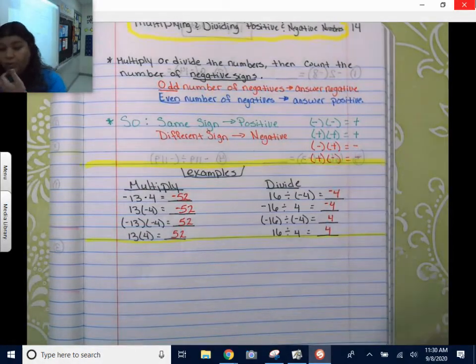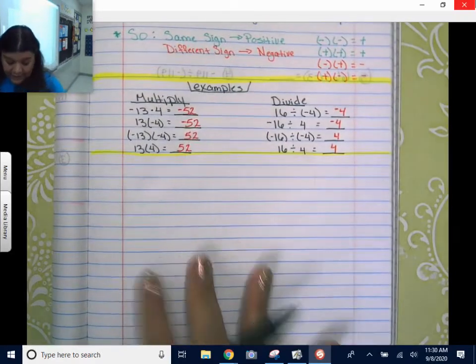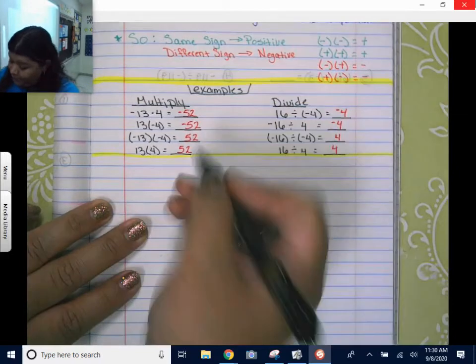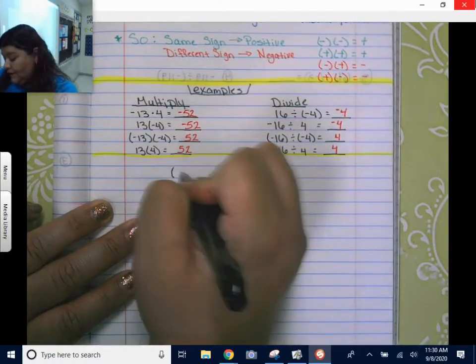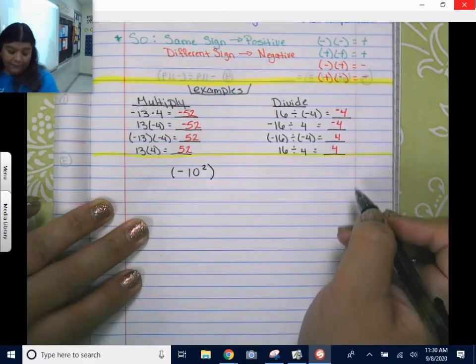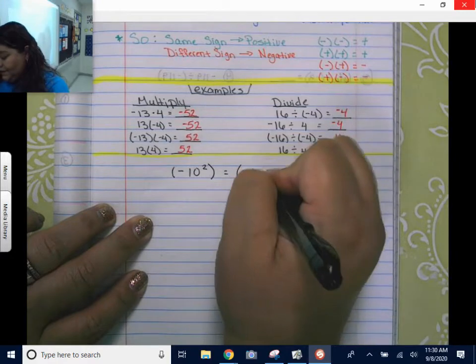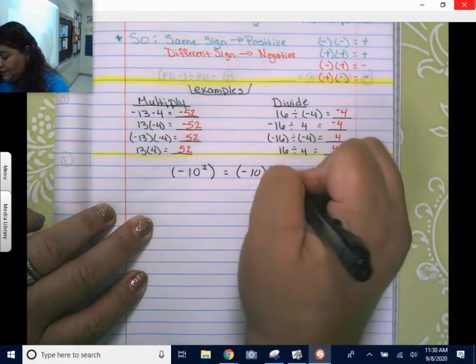Now, let's go into some more examples with the factors of 10. I love 10s. So if I say, what is negative 10 squared? What that means is negative 10 times negative 10.